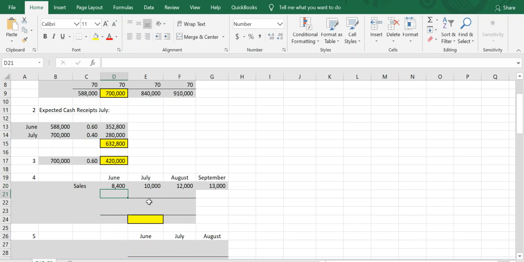First, I need to push the equals thing, and then that times 0.2 or 20% gives us the number of units we want in ending inventory in June. So we add those two together. We get 10,400 as the desired ending inventory.